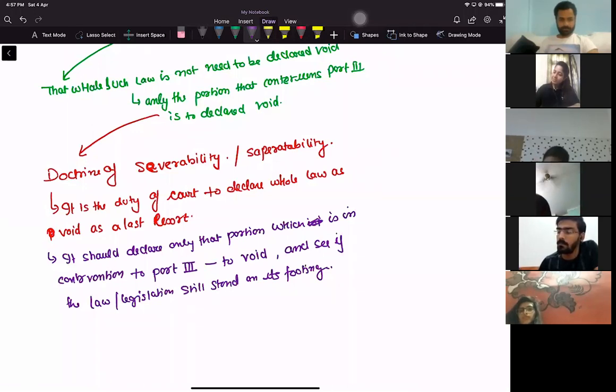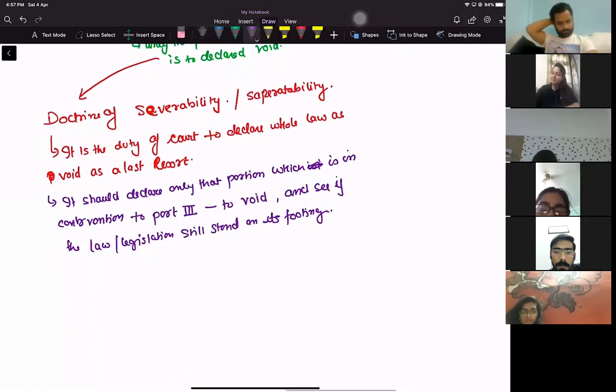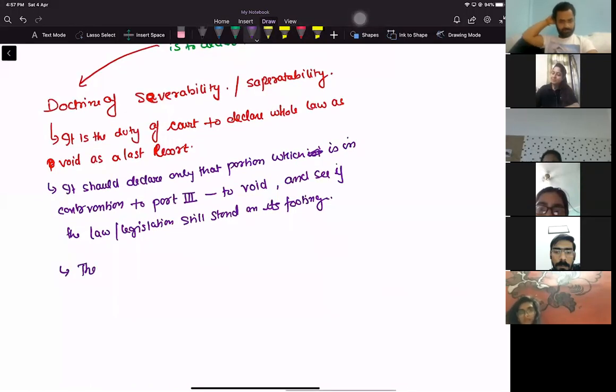If it does not, then there is no need to declare the Information Technology Act or Amendment Act void. Rather, that particular section, the provision which is in contravention to part 3, is to be declared void.